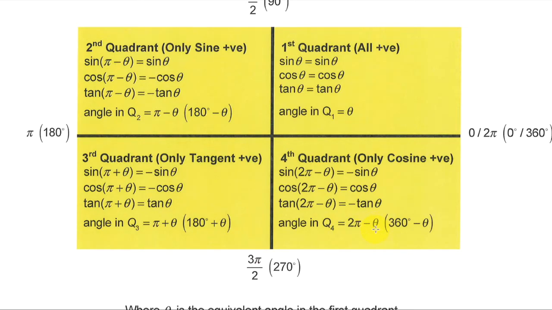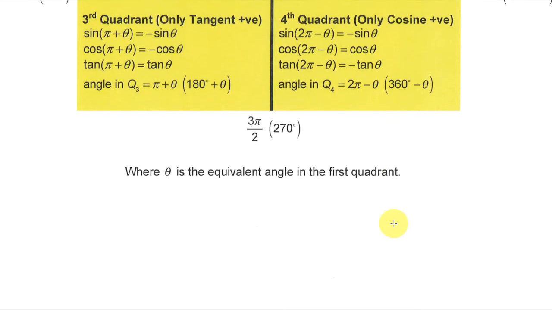Now what you'll see here is that after we relate it back to theta, which is the equivalent angle in the first quadrant, we then obtain, using exact values and those exact value triangles, what the number part is for our answer, and then we decide whether it's positive or negative, which is determined by which quadrant we are in. And this will make sense to us in a couple of examples.